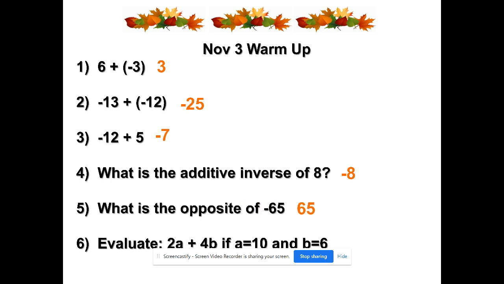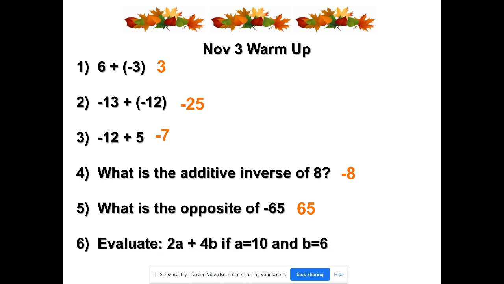And the last one, we needed to evaluate 2a plus 4b if a equals 10 and b equals 6. So what we needed to do was first substitute into the problem. The original problem here is 2a plus 4b. Well, a is 10, so where I see a, I'm going to put 10, so 2 times 10. Where I see b, b is 6, so I'm going to put in 6, so 4 times 6.